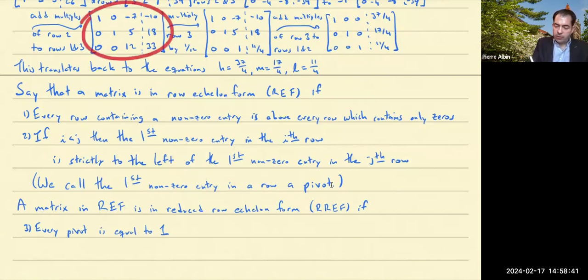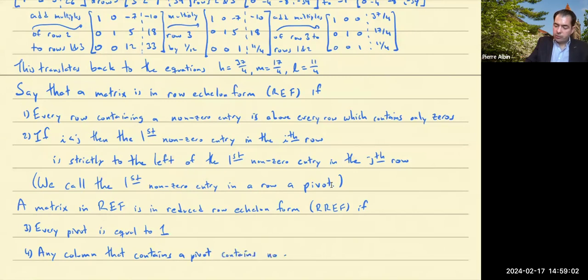So this matrix fails because this pivot is equal to 12. And then I want any column that contains a pivot to contain no other non-zero entry. Right? So that's why we kept going all the way to here, because here, every column that has a pivot has no other non-zero entry.